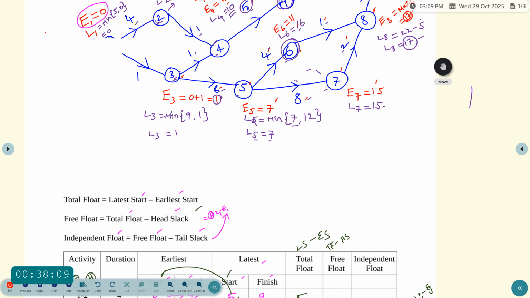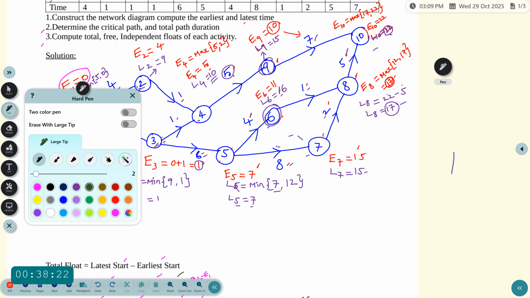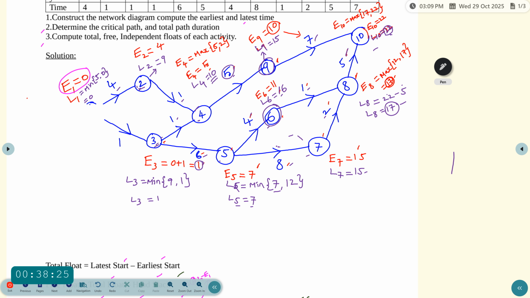See the figure. 2 is the head event. Comparing the L and the E, the L value is 9 and the E value is 4. So 9 minus 4, which is equal to 5.